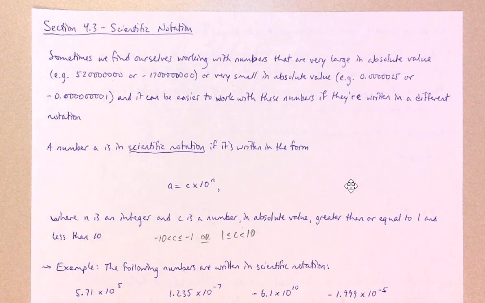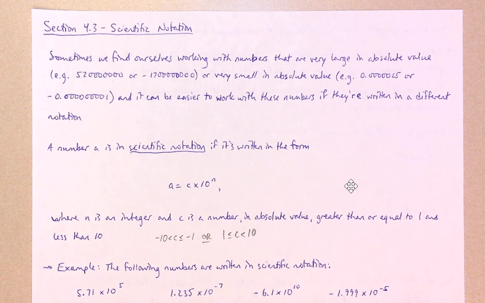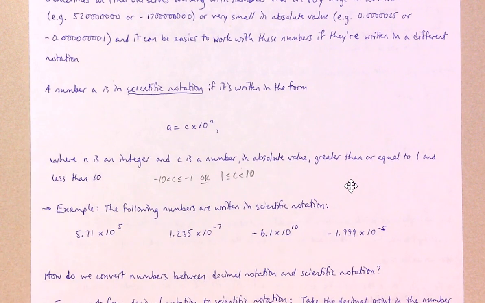Basically, you only want one number to the left of the decimal place for c. Really, that's all this is saying. You just want a number so that there's only one digit to the left of your decimal place.